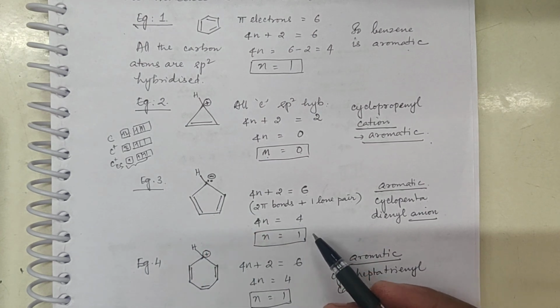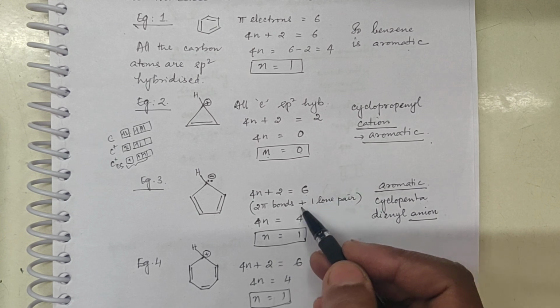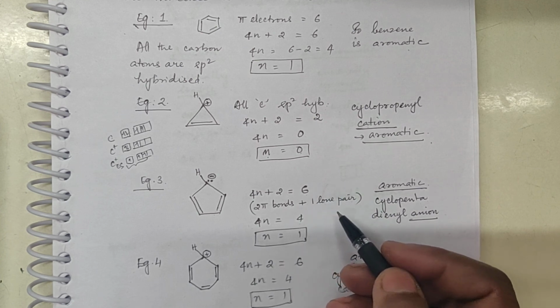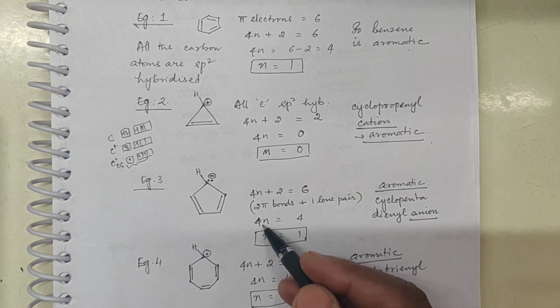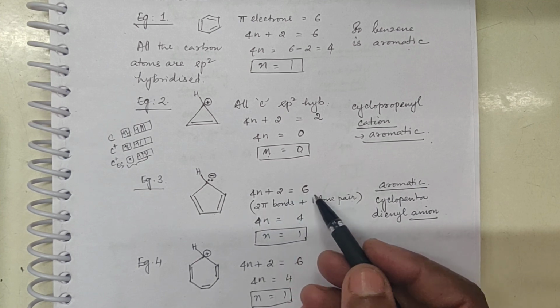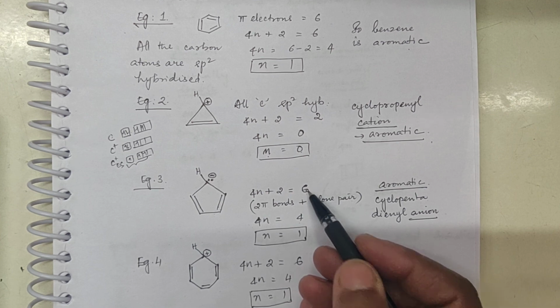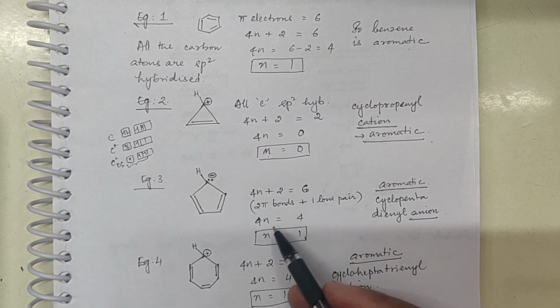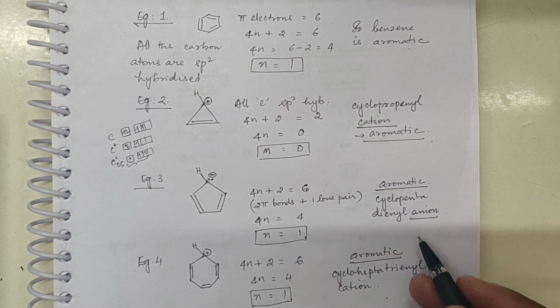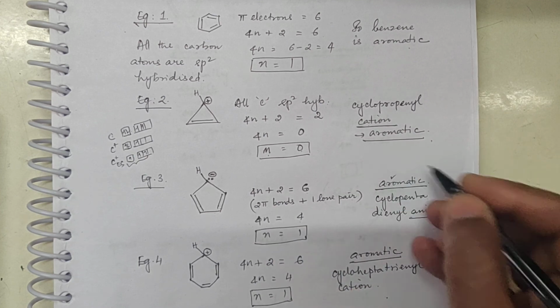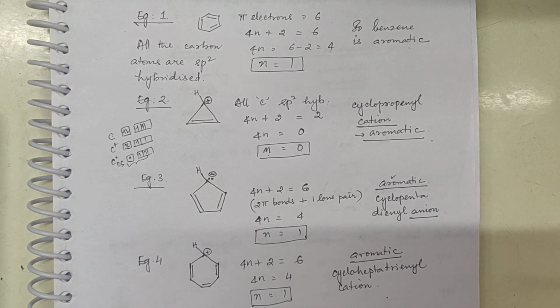When you count the number of pi electrons, if there is any lone pair, then that is also to be counted. So 2 pi bonds make up 4 and 1 lone pair together makes up 6. So 4n plus 2 is 6, so 4n is equal to 4, or n is equal to 1. So this is also aromatic.